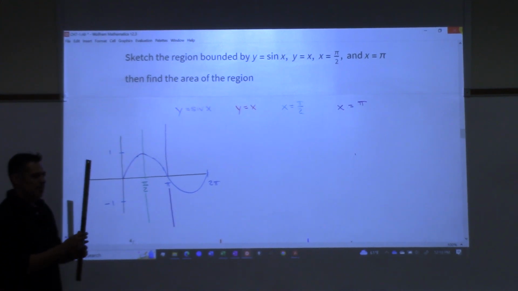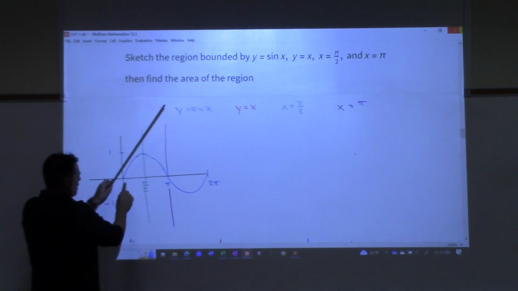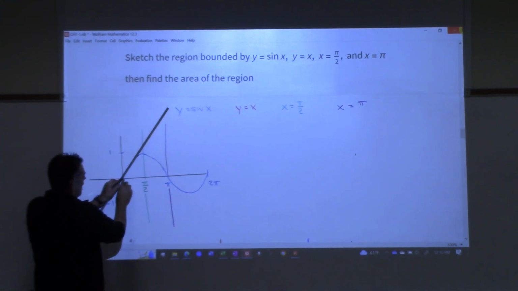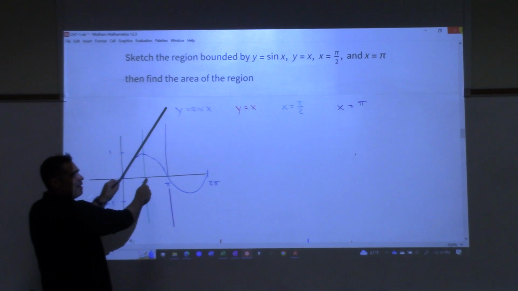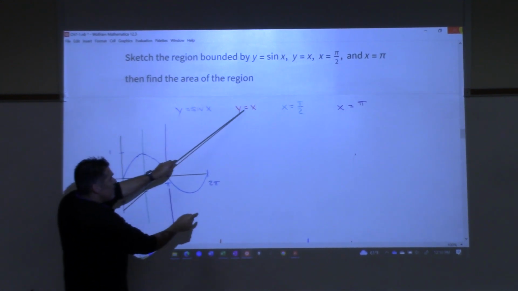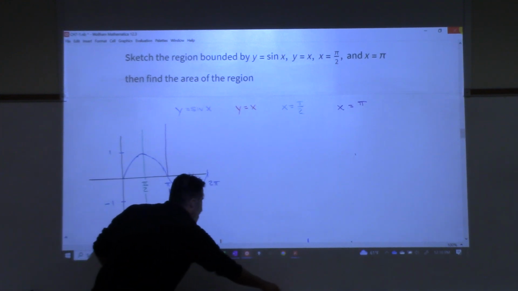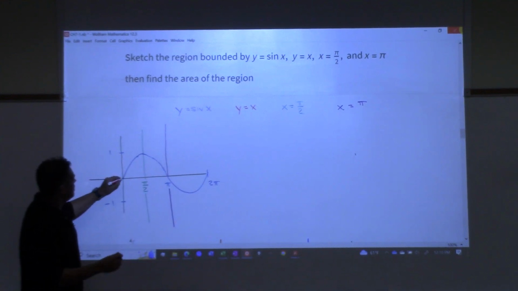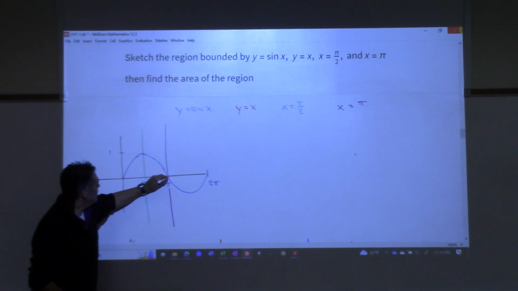So, think of it this way. On this graph, if I plug in pi over 2, what is pi divided by 2? 1 point something? So if I plug in 1 point something into this red function, let's do it this way. If I plug in pi, where should I be? At pi, right?